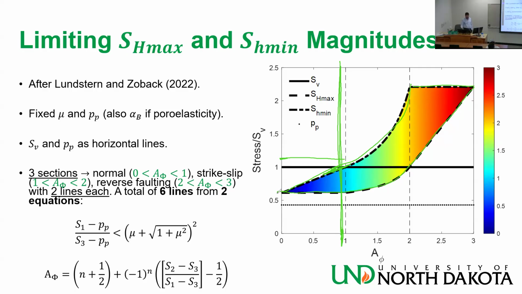If I violate those limits, it means I'm violating this equation and I have failure. So that's the plot of Lundstern and Zoback, I guess, for the limits of the horizontal stresses. Any questions?